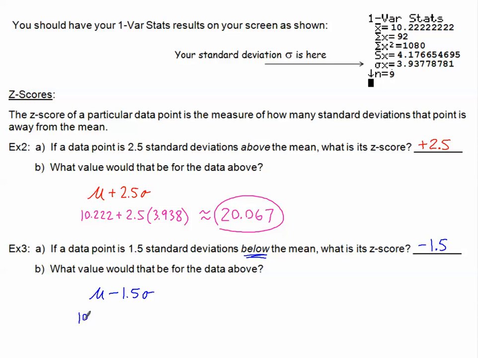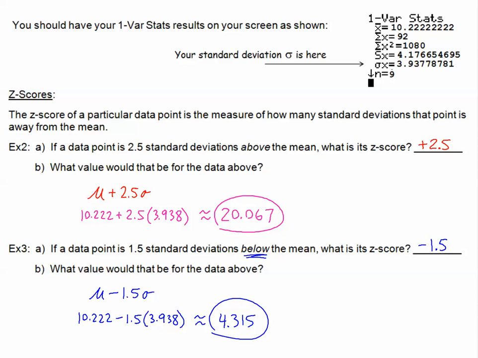So again, our mean was 10.222, and we're subtracting 1.5 times our standard deviation that we calculated on the calculator. And when we plug that into the calculator, we get a data point of 4.315. That's the value that would be 1.5 standard deviations below our mean.